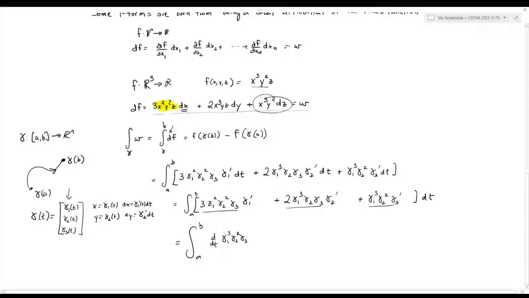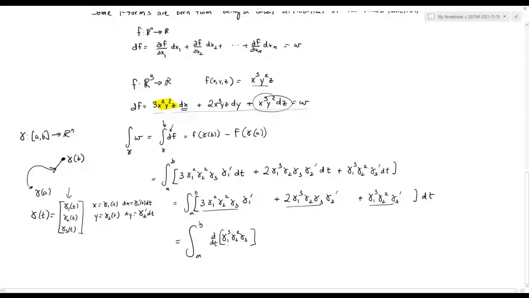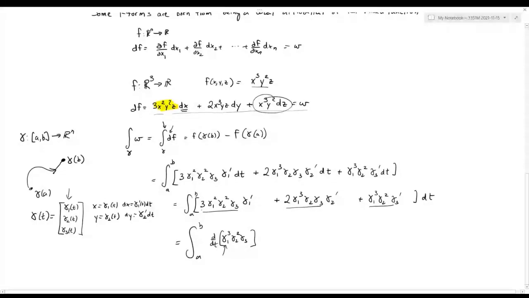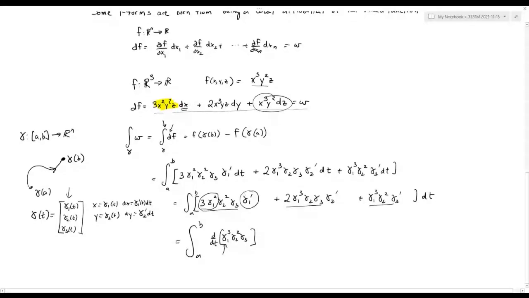Right here, so the derivative of the first factor with respect to t would be 3 gamma 1 squared, and then chain rule gives you gamma 1 prime. The derivative of the next factor with respect to t, that would give you 2 gamma 2 times gamma 2 prime, chain rule. And the derivative of the last factor is just gamma 3 prime.